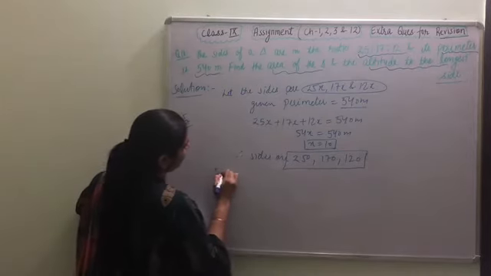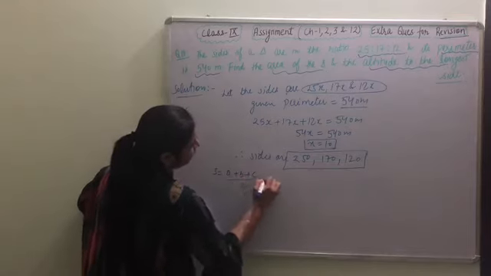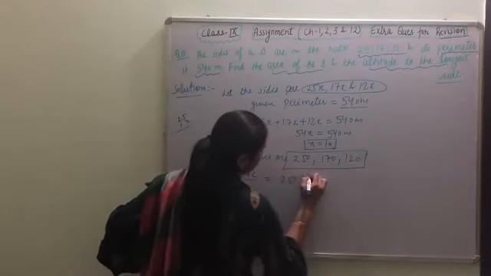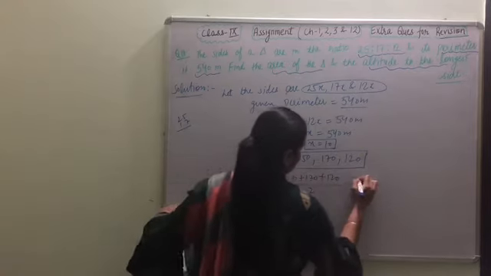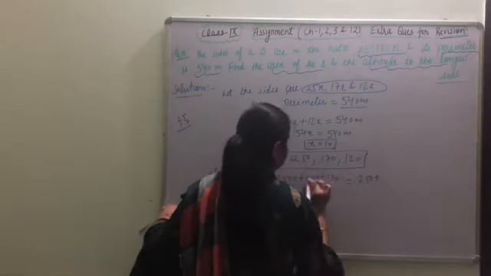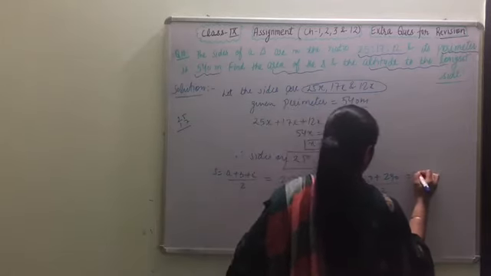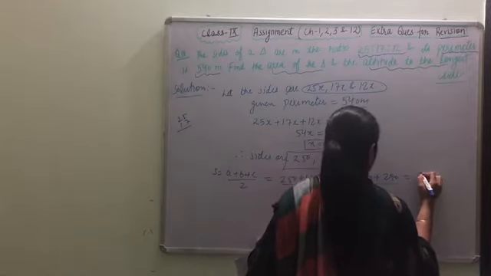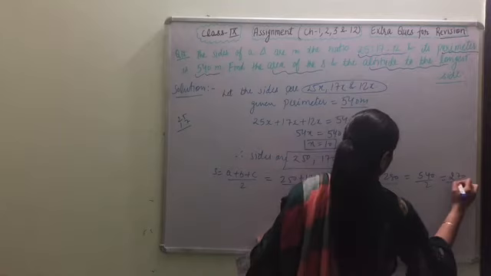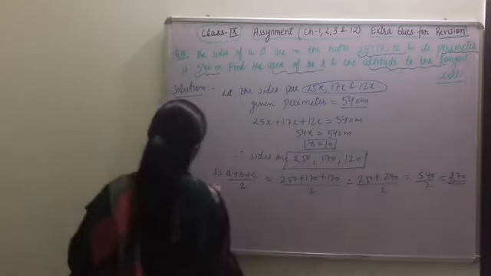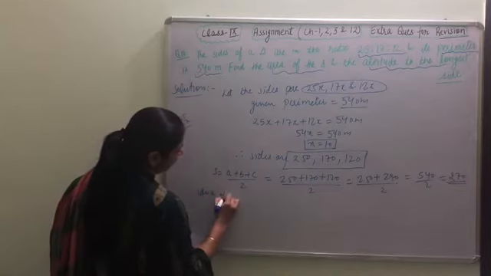In the first part we have to find the area. For the formula, we find the semi perimeter, a plus b plus c by 2: 250 plus 170 plus 120 divided by 2, 250 plus 290 is 540, divided by 2, which is equal to 270. 270 is the semi perimeter. We apply Heron's formula.